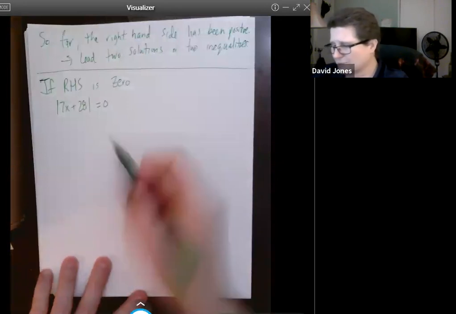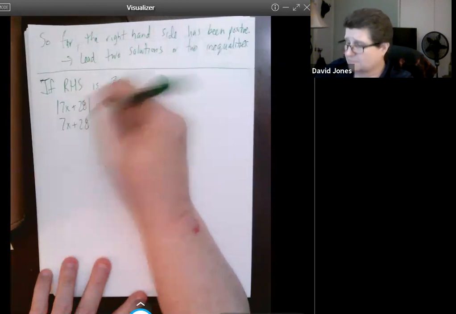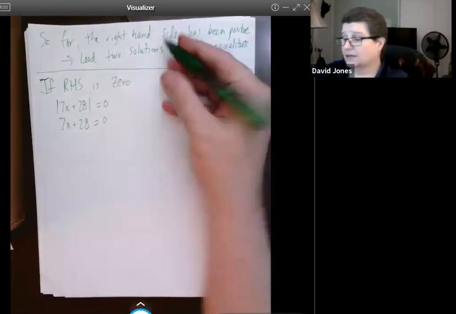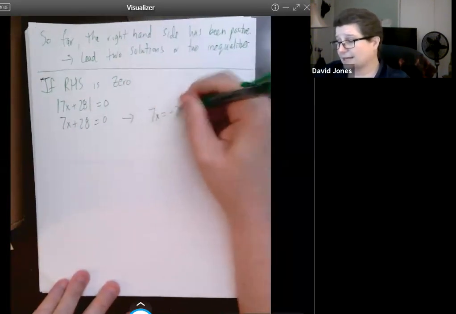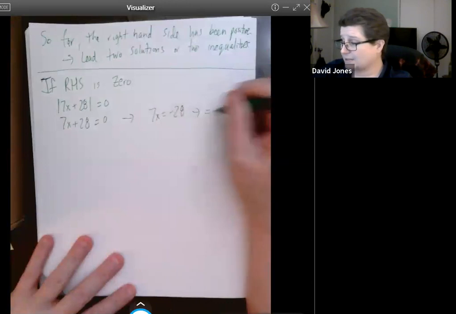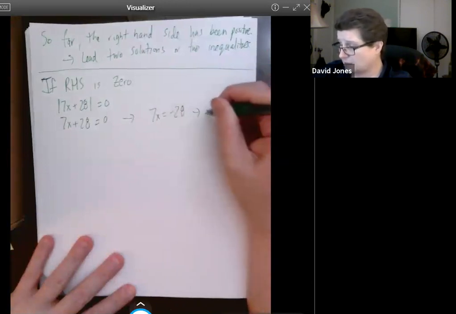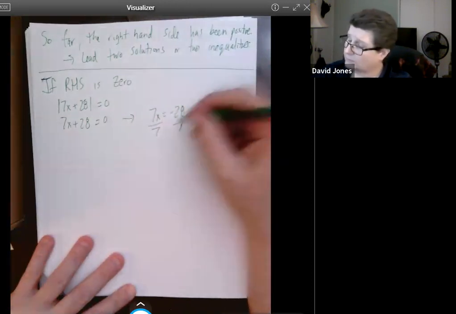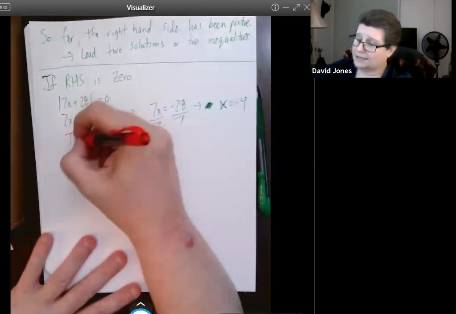If I say plus or minus, I dump the absolute value signs, 0 is just positive or negative, is still just 0. 7x equals negative 28. Divide by 7. X equals negative 4. Just one solution when the right-hand side is 0.